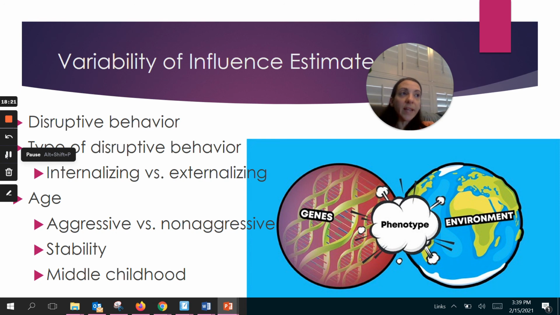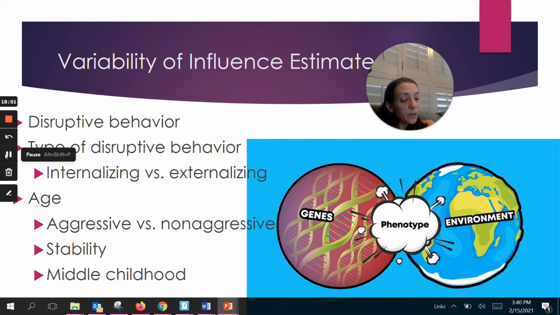So here, it seems that genetics are responsible for aggressive behavior, but the environment is responsible for rule breaking, so things like maybe being truant or staying out at night. Genetic influences on aggression increased with age, while shared environmental influences decreased. However, genetic influences on rule breaking decreased with age, and shared environmental influences remained stable.